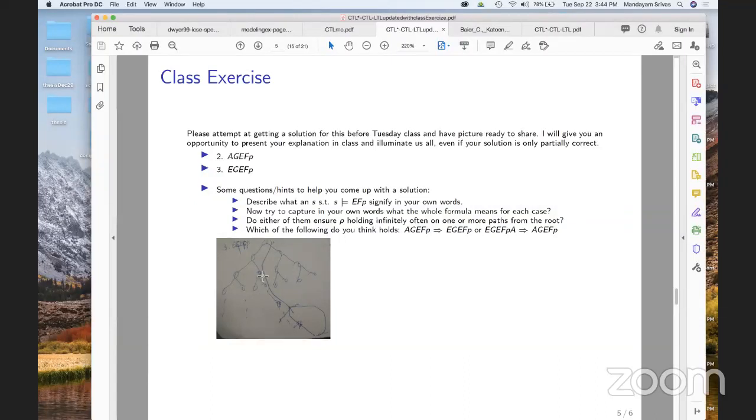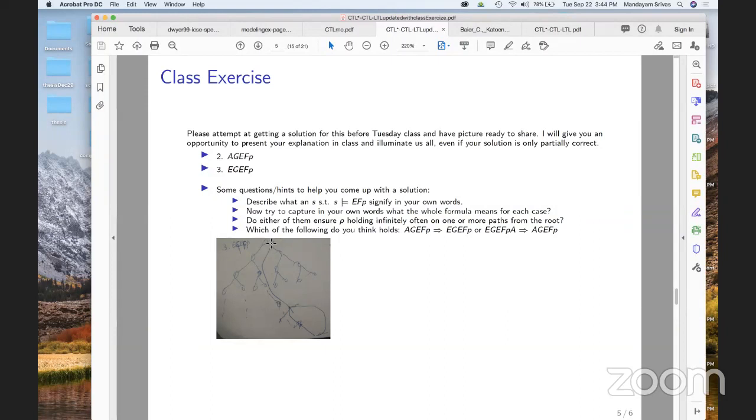Because P holds good here, the root and this next one are also all states in which eventually P holds good. So although it is not true in this state here at my cursor, it is true that eventually on that path P holds good. That is one way.